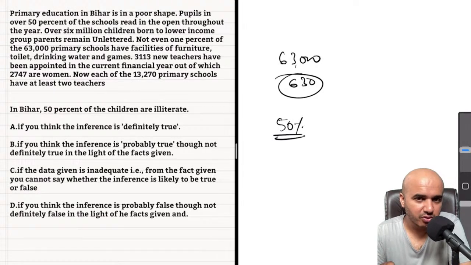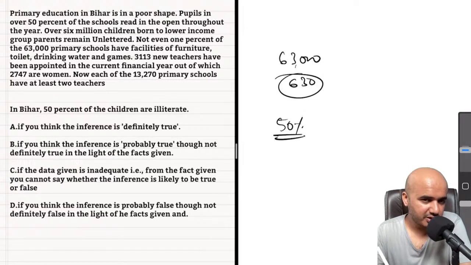Only thing which we know is over 6 million children born to lower income group parents remain unlettered. So 60 lakh children who were born to lower income group parents, they do not know to read and write. But what about other students, those who are born to not lower income group parents? So we do not have any data with respect to that.